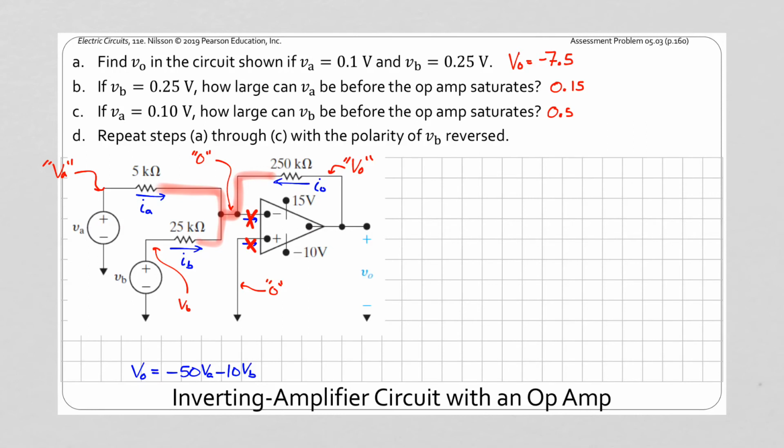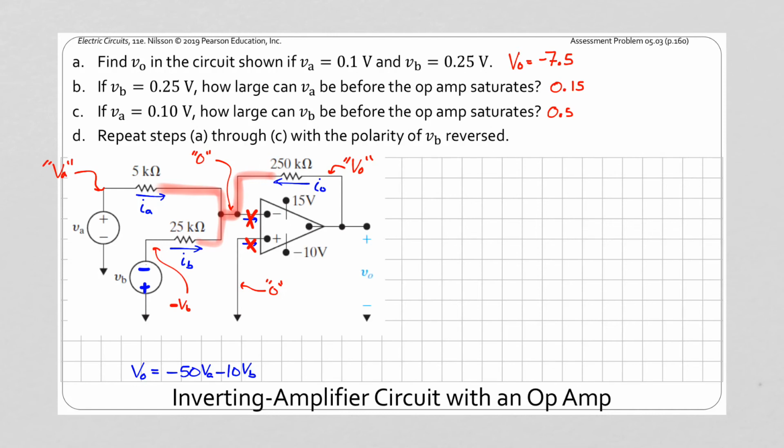For the last part, we're asked to repeat all of this, but with the polarity of VB reversed. What this means in practice is we want to get rid of the current polarity of VB, and we want to reverse it so that it points the opposite direction. What that means in practice is this is 0. We're going down by VB, so the voltage at this node now is negative VB.